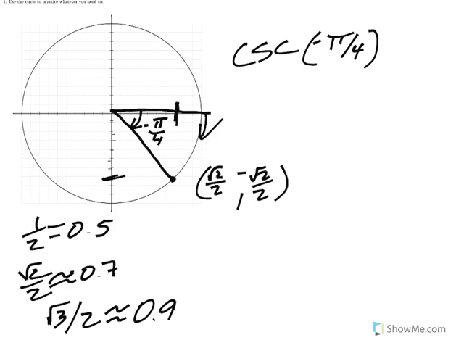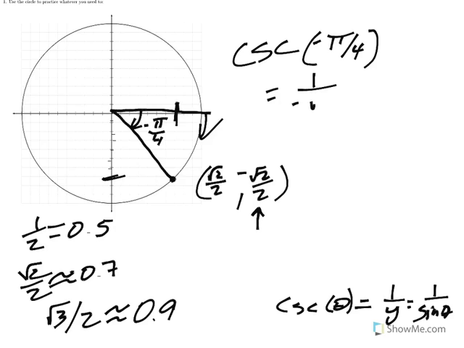Cosecant of an angle is just 1 over the y-coordinate, or 1 over the sine of the angle. 1 over the y means flip that fraction over. 1 over is the same as reciprocal, which is the same as flip the fraction over if it happens to be a nice fraction. So negative 2 over the square root of 2.